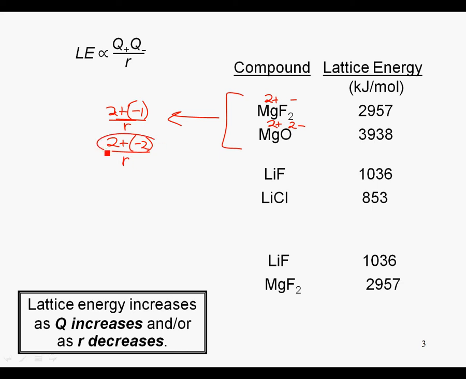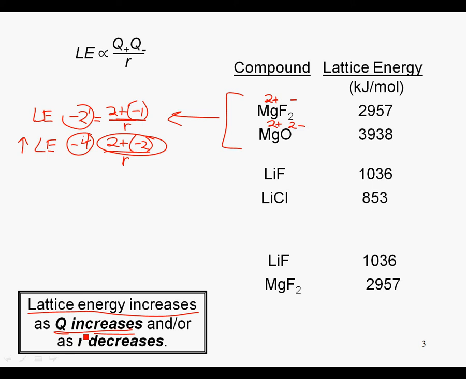Well, 2 times -2 is going to be -4, and 2 times -1 is going to be -2. Well, -4 is bigger than -2. In other words, the lattice energy here is bigger than the lattice energy here. So to summarize, lattice energy increases as Q increases, as you increase the charge.